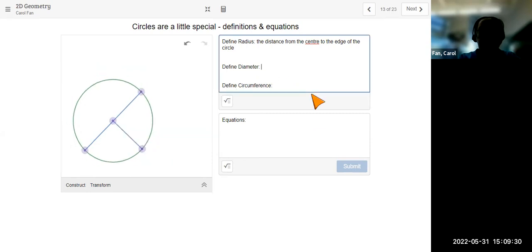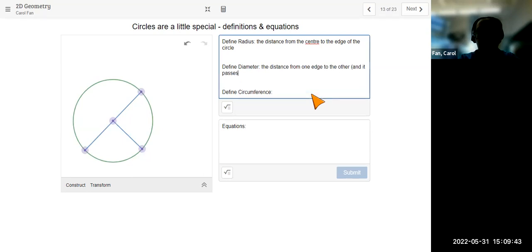The diameter is the distance from one edge to the other, and it has to pass through the center. The circumference is a fancy way to say the perimeter of a circle.